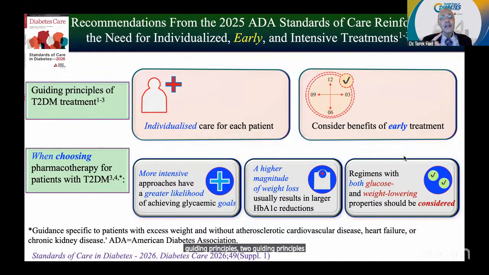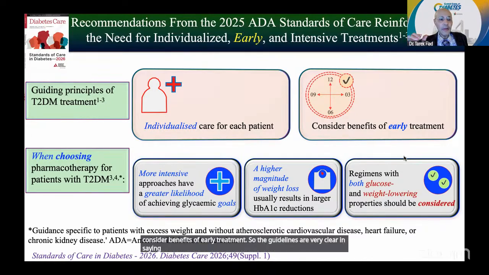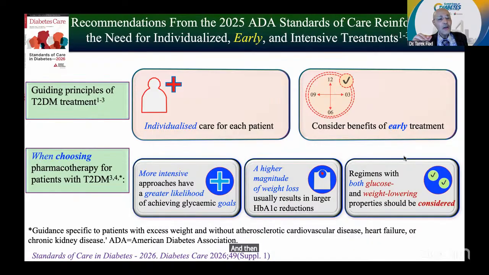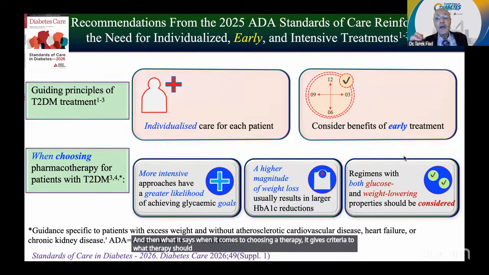And these are: individualize the therapy, and number two, consider benefits of early treatment. So the guideline is very clear in saying early treatment. And then when it comes to choosing a therapy, it gives criteria for what therapy we should choose when we are treating early.